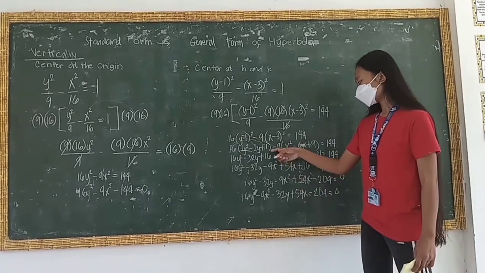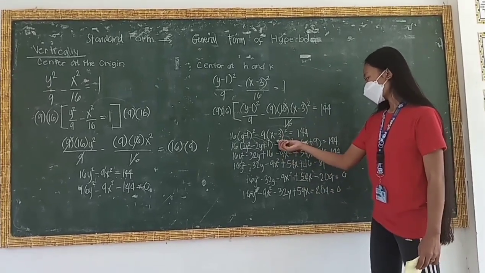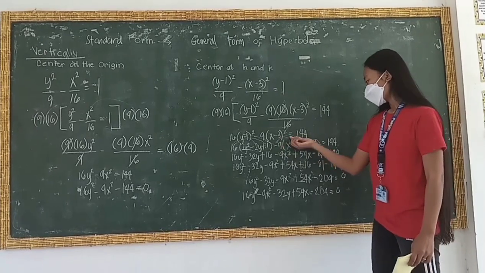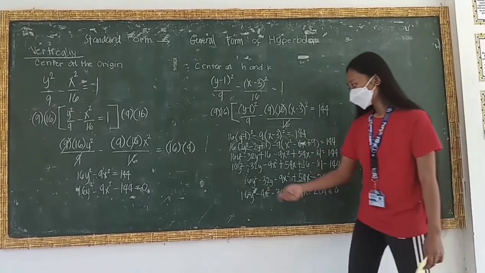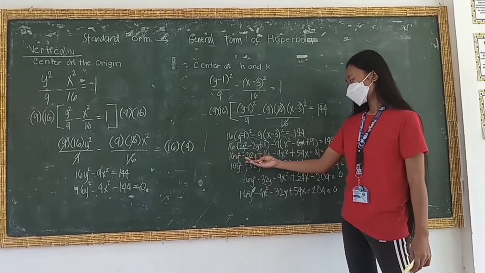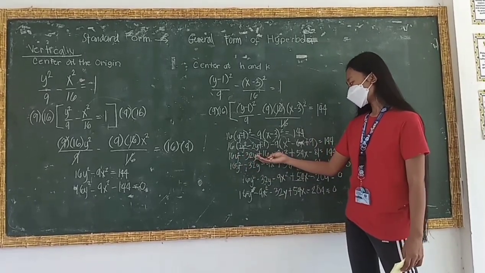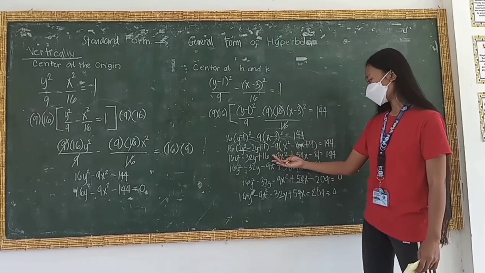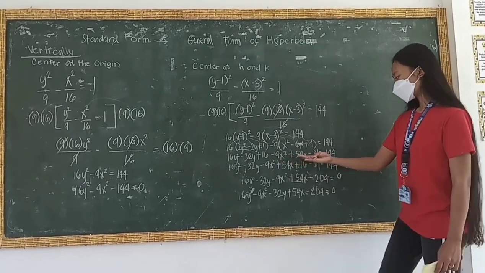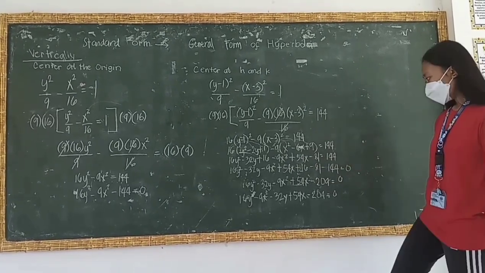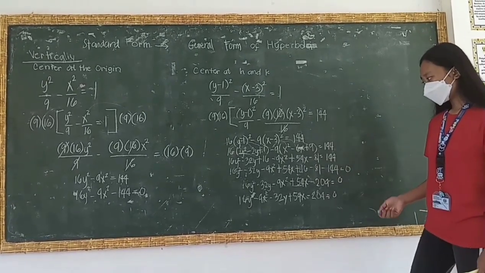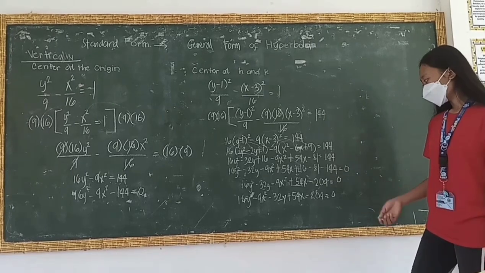And this negative 9 to x squared, negative 6x, and 9. So it will become 16y squared minus 32y plus 16 minus 9x squared plus 54x minus 81 is equal to 144.